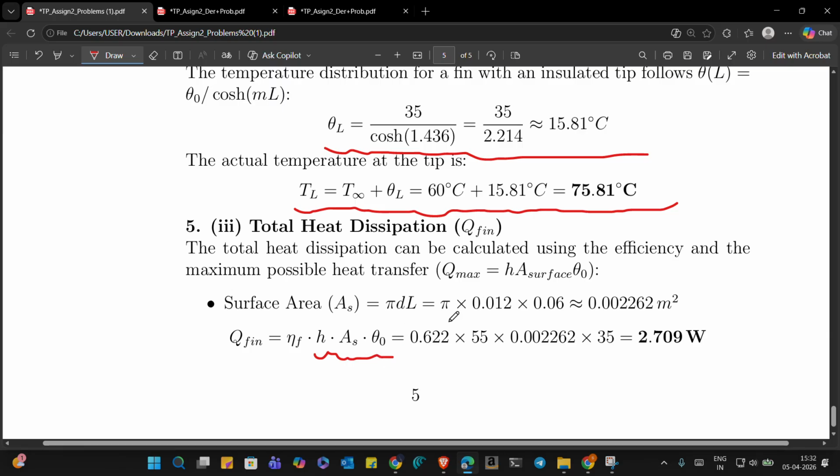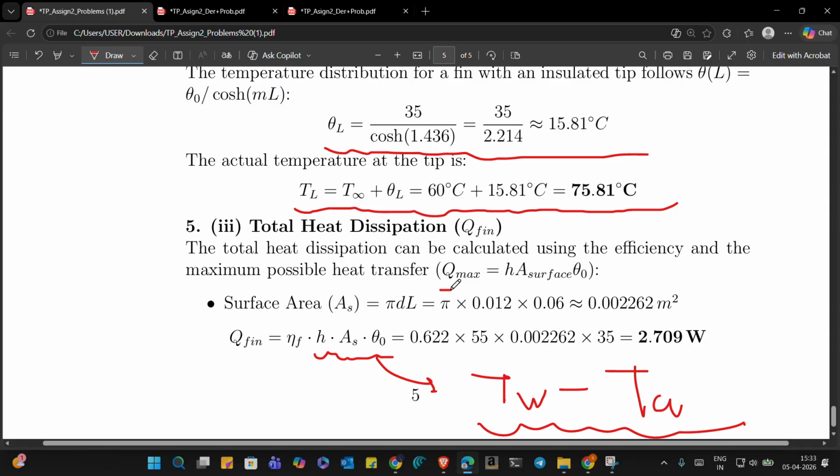So we assume that the overall fin is acting such that the temperature difference is constant and is at theta naught. Theta naught is basically T wall minus T ambient, as we have defined earlier, h is our heat transfer coefficient that is given in the problem, and A_s is the surface area available for heat transfer.